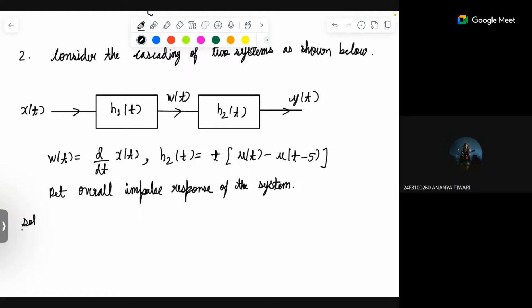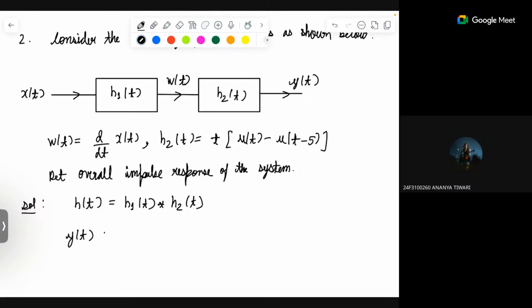So, if I call my overall response h(t), it will be h1(t) convolved with h2(t). Or I can also say y(t) is equal to h(t) convolved with x(t), which is this. So this is what cascading means.